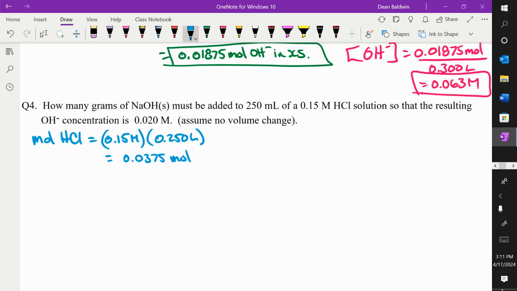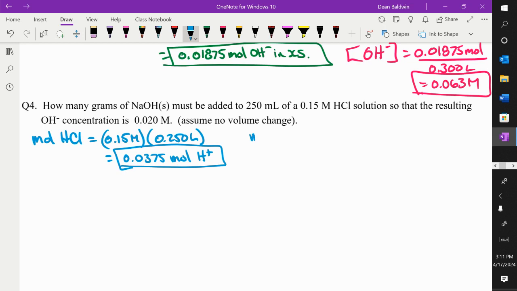There's my moles of HCl, which means moles of H plus. I don't have to write out the dissociation anymore, right? Can we all assume we understand that if it's a strong acid and I know the moles of the acid, I know the moles of the protons.